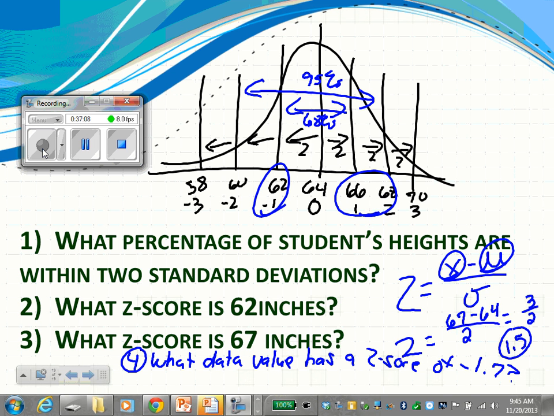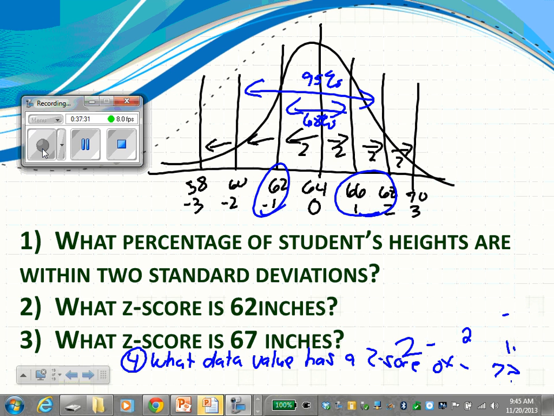Negative 1, negative 2. So my data value is going to be somewhere between 60 and 62. So when you give me an answer of 67, you know you're definitely wrong because it's got to be somewhere between 60 and 62. I think. Yeah, okay. So here we go.